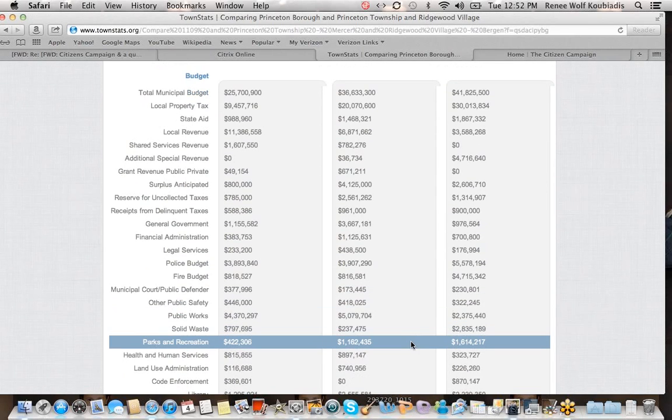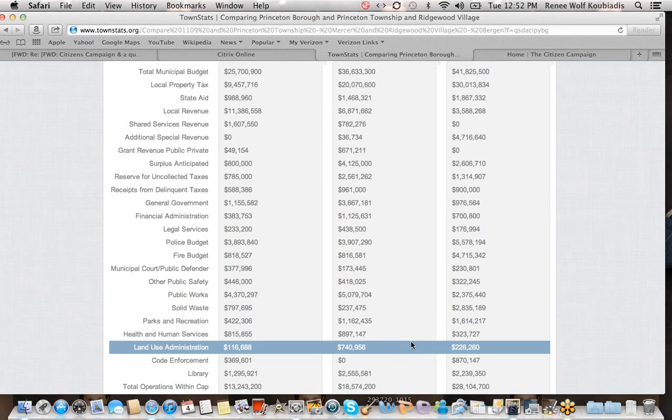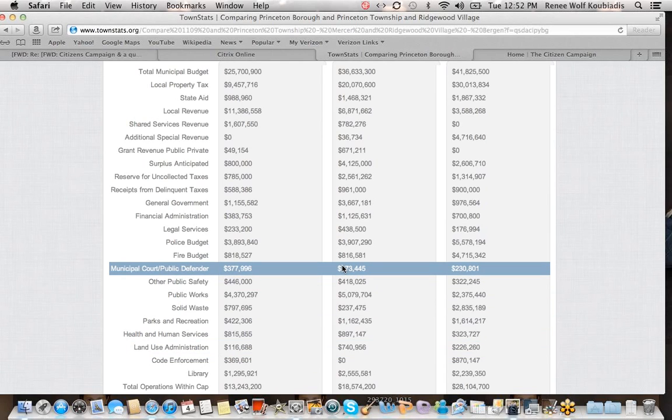In terms of the municipal court and public defender's office, again, there is a much higher budget than in Ridgewood. One of the areas where towns have seen changes, and you'll be able to see this when the 2012 budgets are posted, is that many towns have moved to consolidating joint municipal courts.